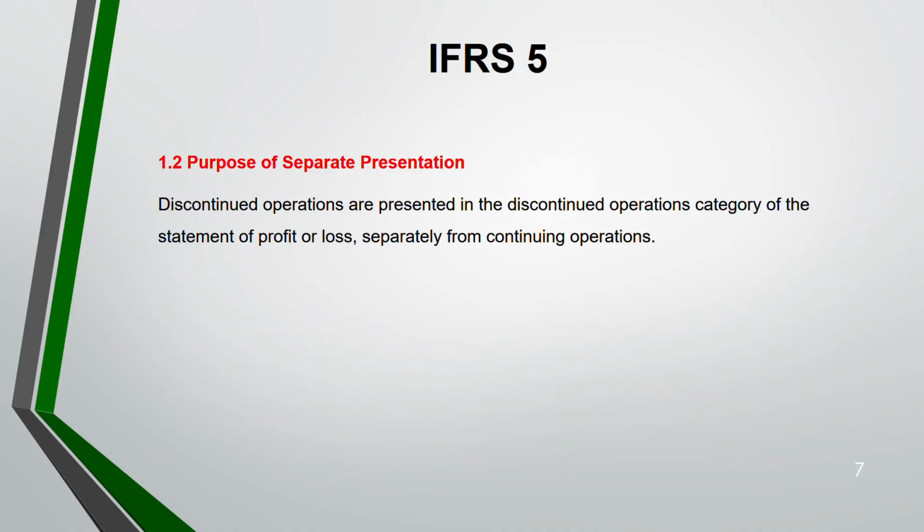Now, discontinued operations are presented in the discontinued operation category in your statement of profit and loss. According to IFRS 18, there is now a discontinued operation category in your statement of profit and loss, which was not there under your previous IAS 1. So this is separate from your continuing operation.